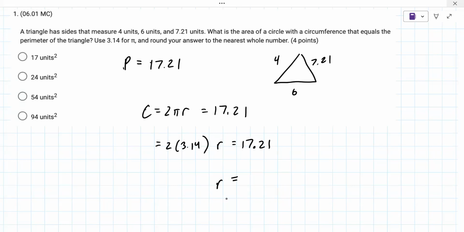What did you get for r there? One second, I'm still working. Okay, take your time.